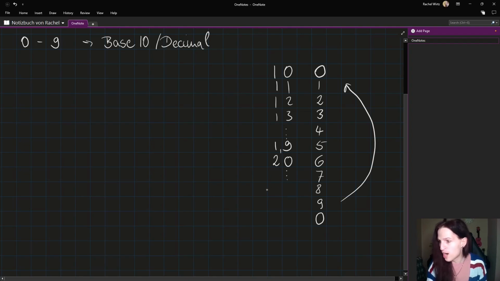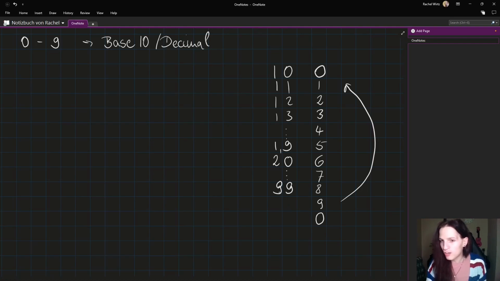And so on, until we hit 99, until we also run out of digits in the left-hand sequence. So we wrap around here, we carry the 1, and we also wrap around here, we carry the 1, and we have 100, because we have nothing else to put the 1 on, so we just place it in front, and so on.